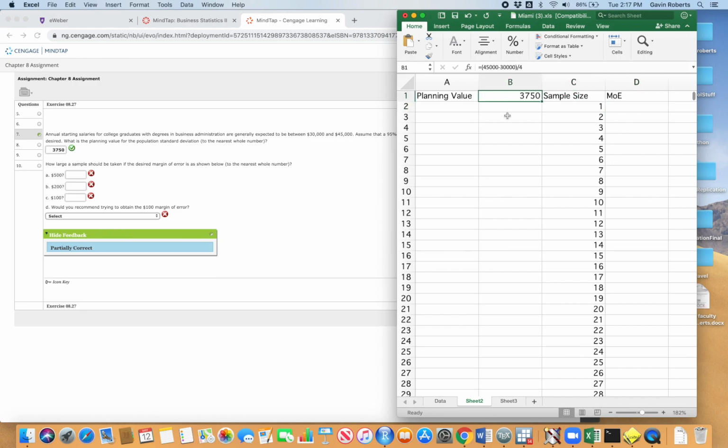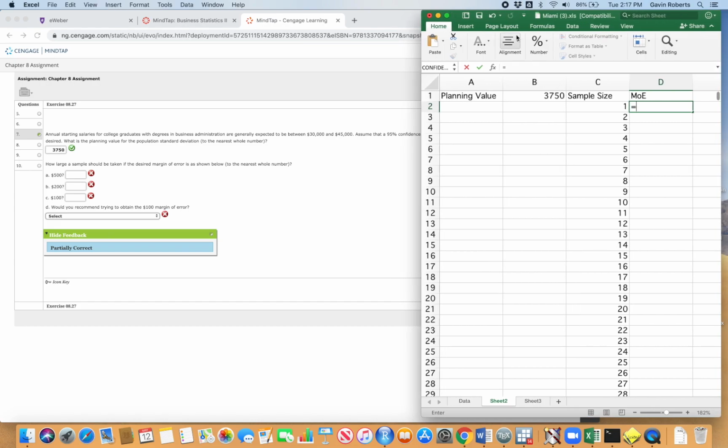One weird thing, this planning value, when you do the planning value version, you assume that's the population standard deviation. So that's like a sigma, so we're going to use z, important, equals, how many standard errors do I have to go? Well, it depends.